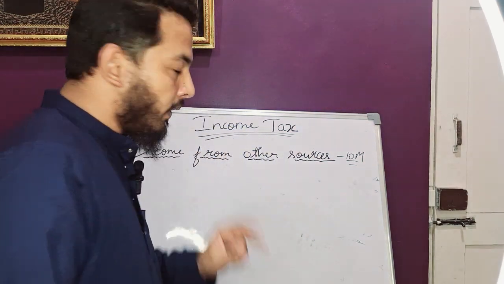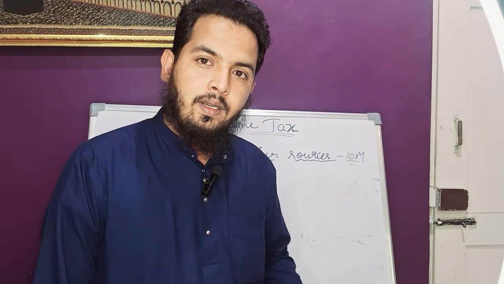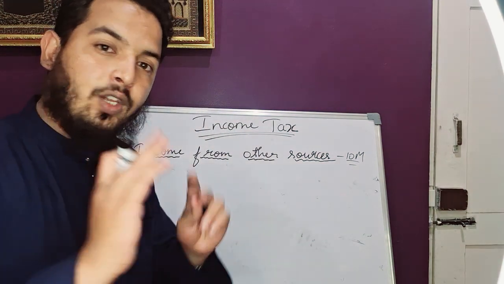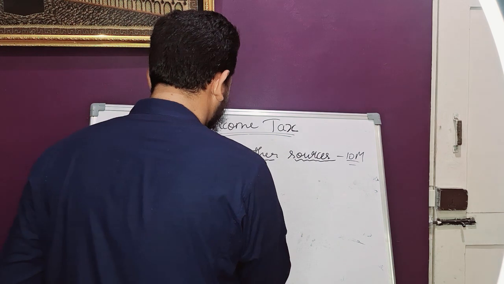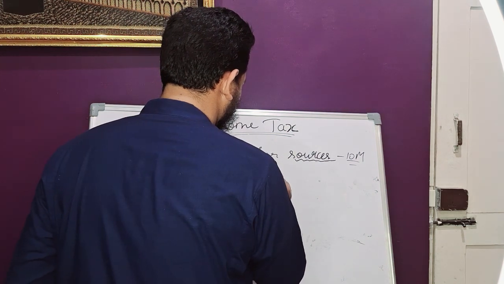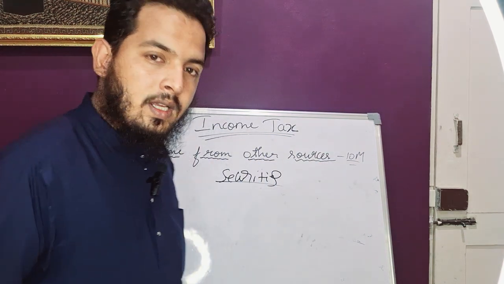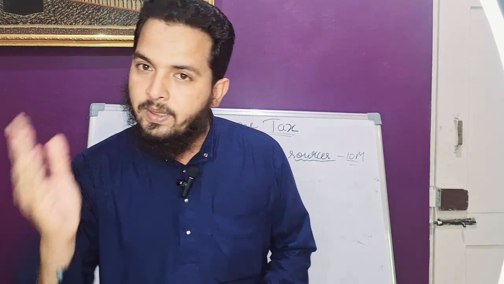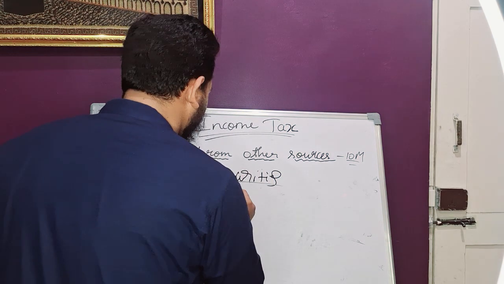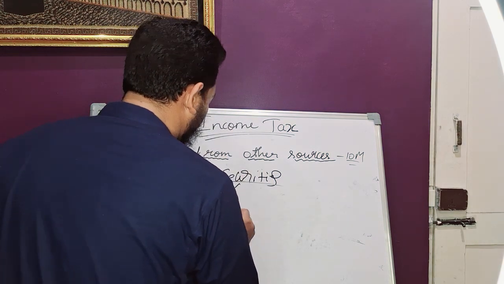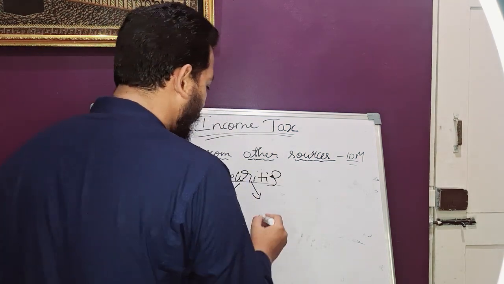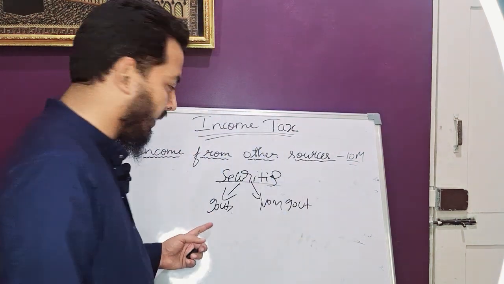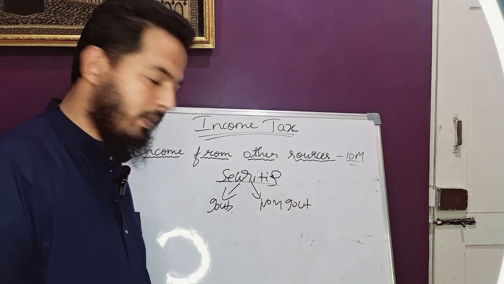Then one of the most important points, adjustment or concept under the head income from other sources: securities. In securities, we have two types. One is government security, one more is non-government security.